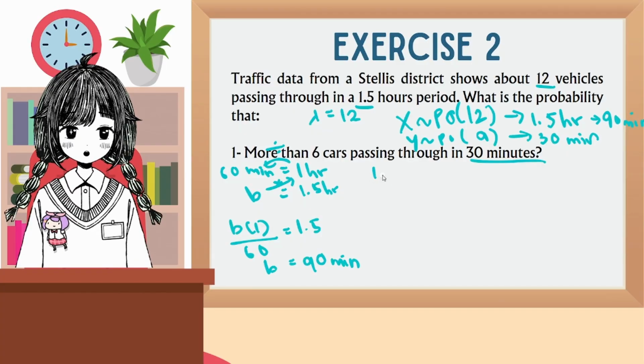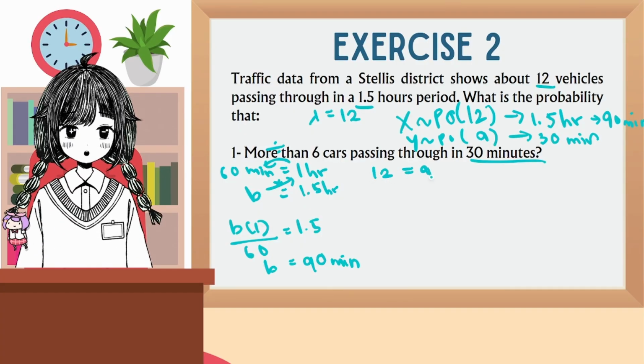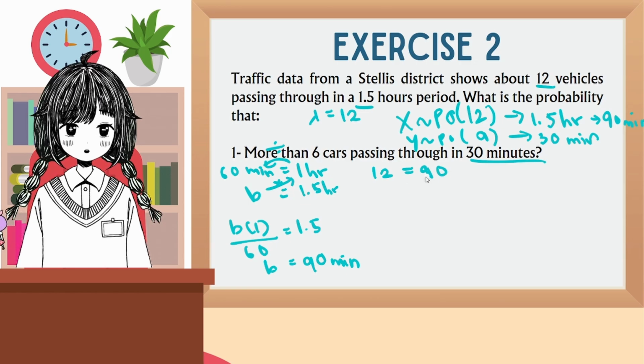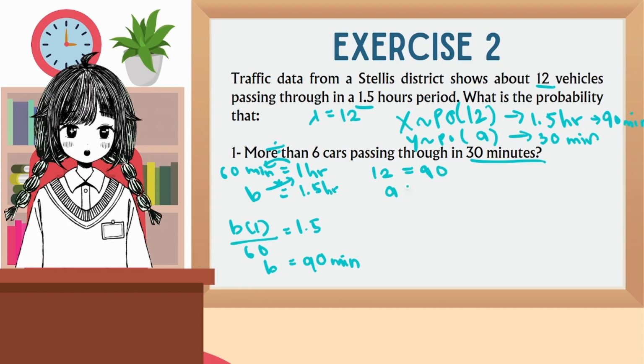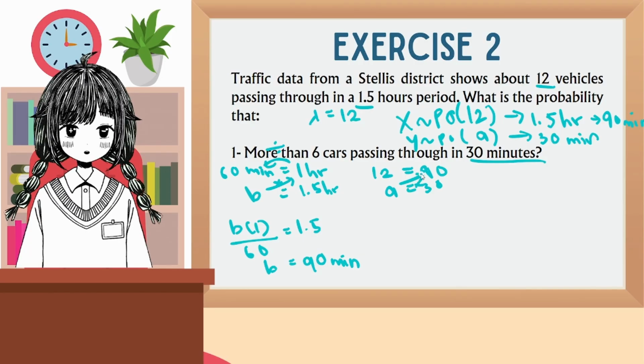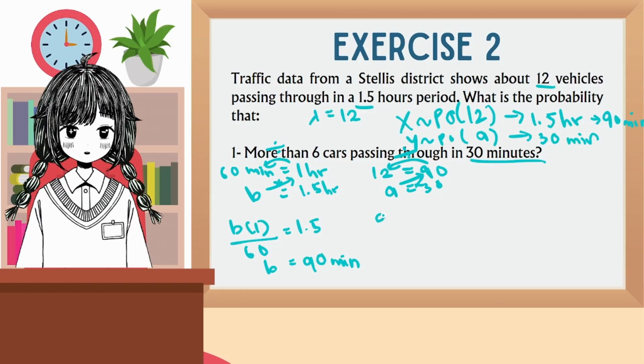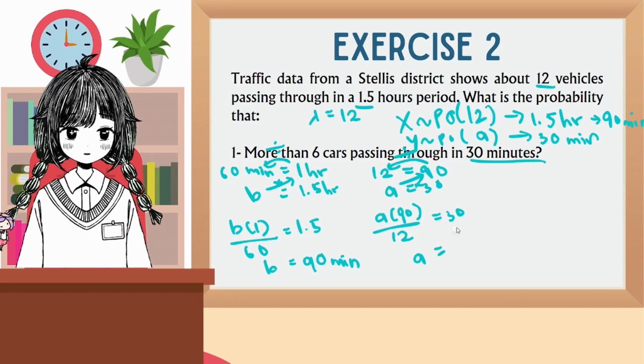So 12 equals 90 minutes and A equals 30 minutes. So multiply here, divide here. It will look like this. 30 times 12 divided by 90, so A will be equal to 4.